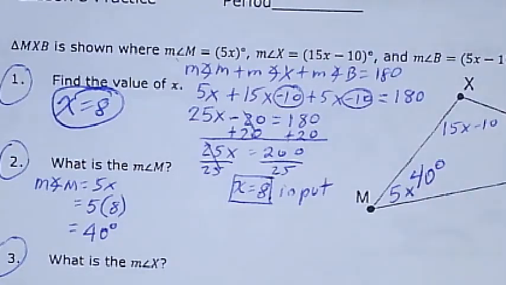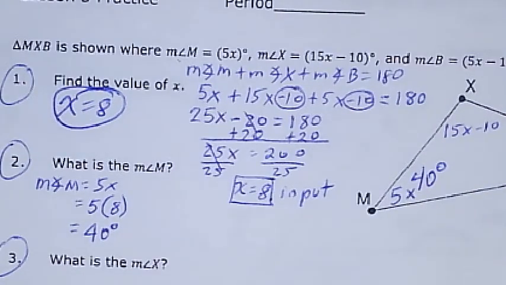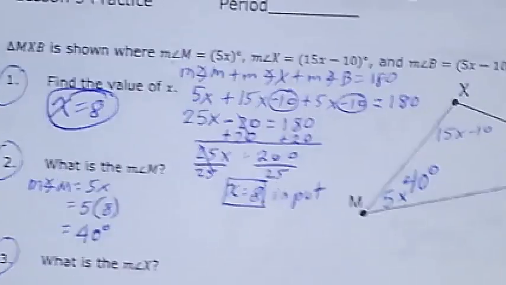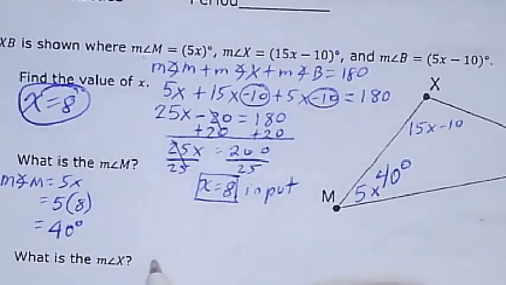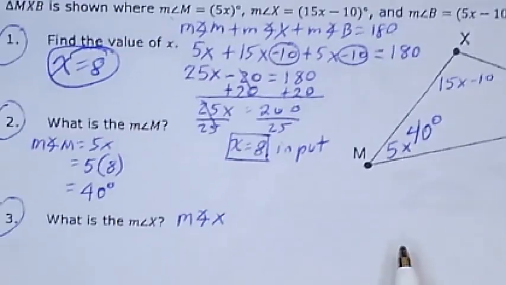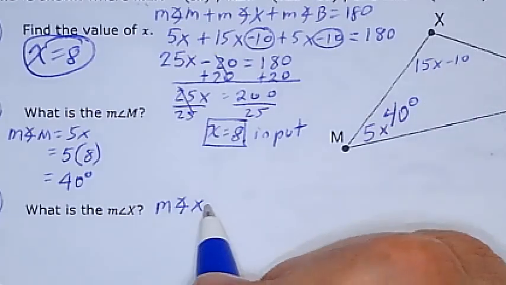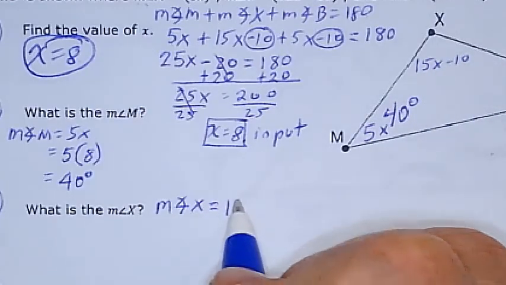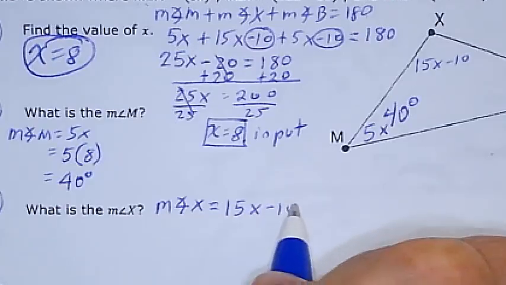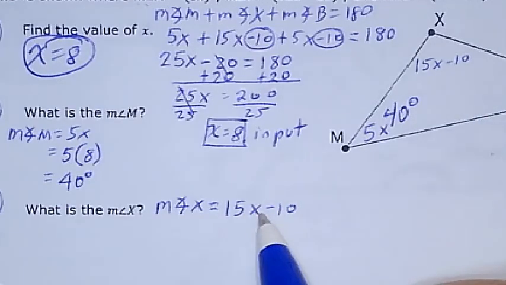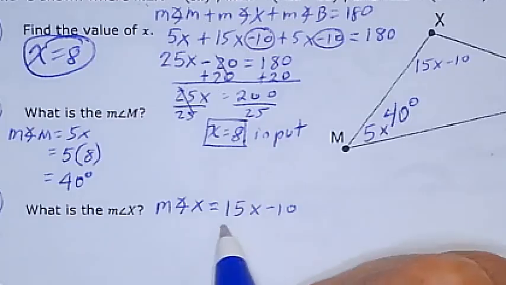Now they're asking for the measure of angle x. First of all, the measure of angle x, it's right there, 15x minus 10. So I could write 15x minus 10. It's just waiting for a number to substitute into that x. So instead of 15 times x, we already know that x is 8 from right there.